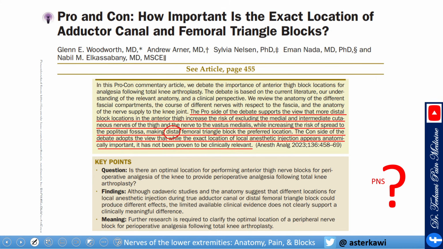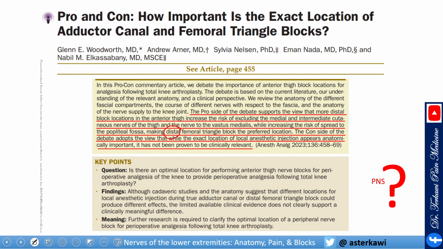Absolutely not. When we do peripheral nerve stimulation, it is very important to distinguish and find these nerves one by one, because as you've seen in my peripheral nerve stimulation lecture, most of the leads have short electrodes, and you have to be very close to the nerve.